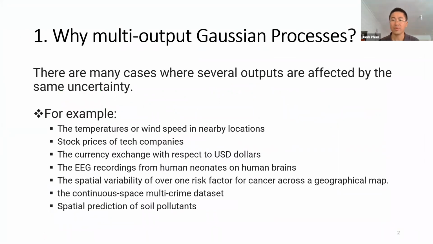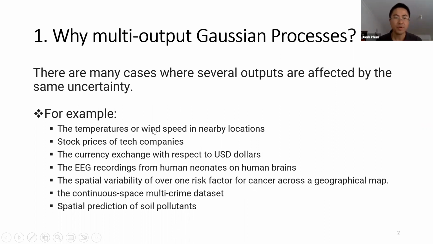So we start with the why. Why do we need multi-output Gaussian processes? The reason is that in reality there are many cases where several outputs are affected by similar uncertainty.